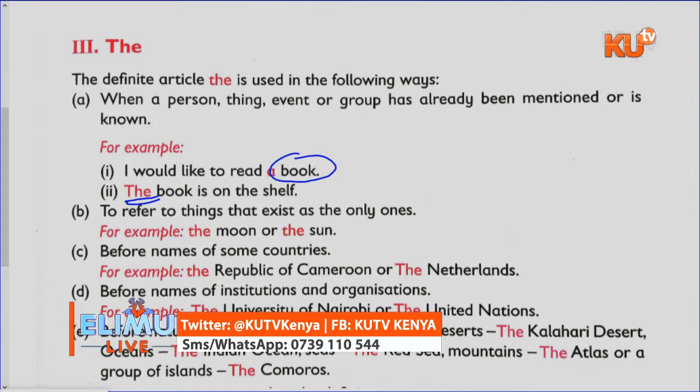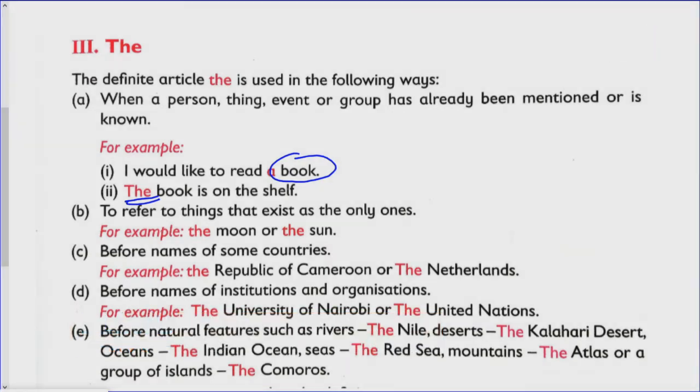Then, third, before names of some countries. The Republic of Cameroon. But now the "The" must be in capital because it together becomes a nominal phrase. It must be capital.